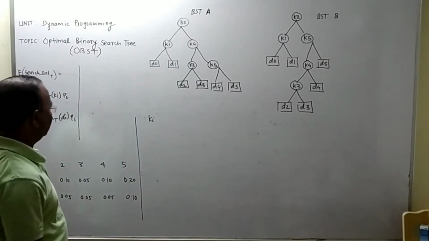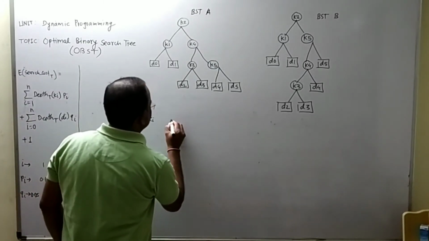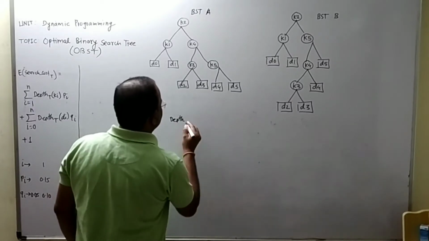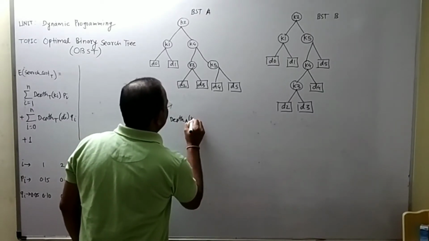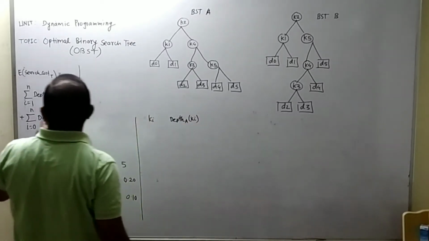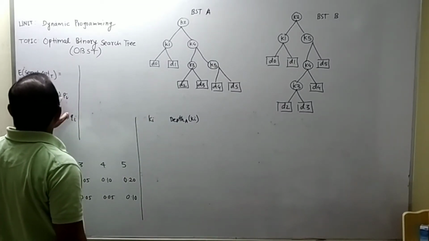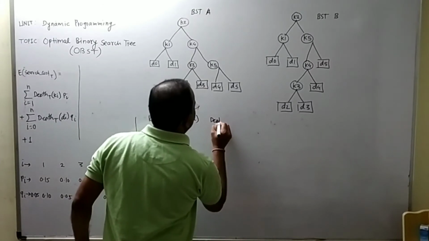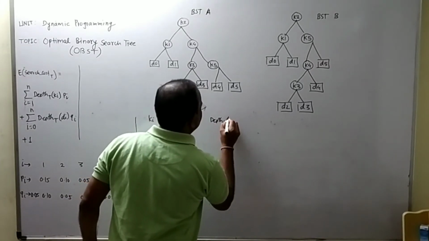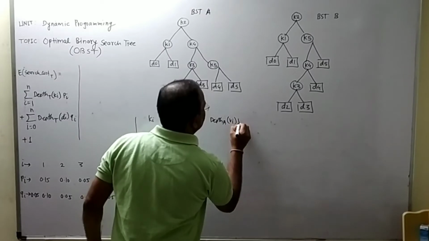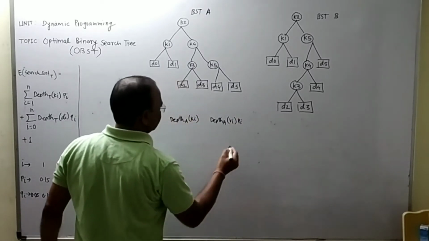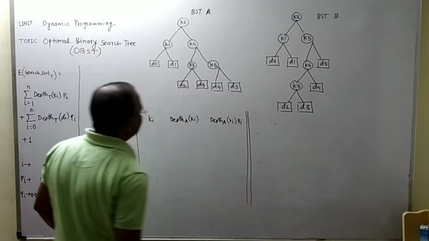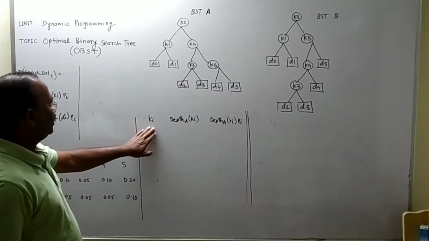Ki, then depth A of Ki, then depth of Ki multiplied with Pi. This is for the actual keys.